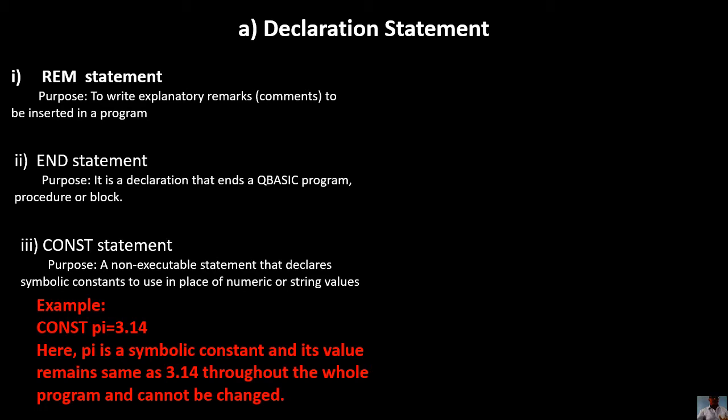You know that we cannot type the pi symbol there, so we need to give the value. The value is 22/7, but we have given here 3.14. Here pi is a symbolic constant and its value remains the same as 3.14 throughout the whole program and cannot be changed. We cannot change the value of this CONST pi.